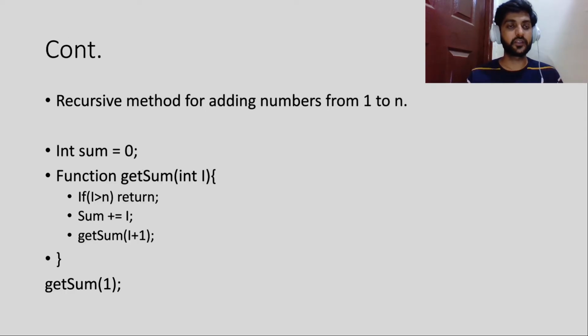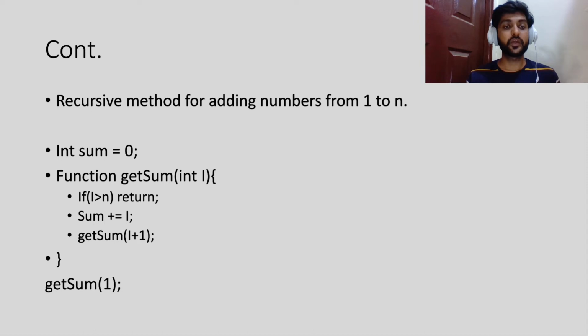How? Just check this method. There is one method call I'm doing, getSum. I'm passing 1 as the input. Now we want to get the sum from 1 to n. So in this function, I'm applying one check. This check is very important for any recursive algorithm, any recursive method.